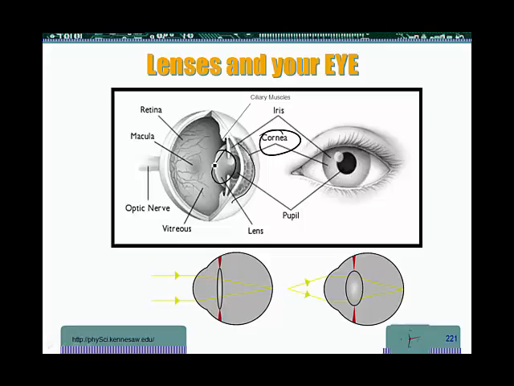These, along with the vitreous media inside the eye, are going to dictate how we can get an image formed on the back side of the eye, on what we call the retina.